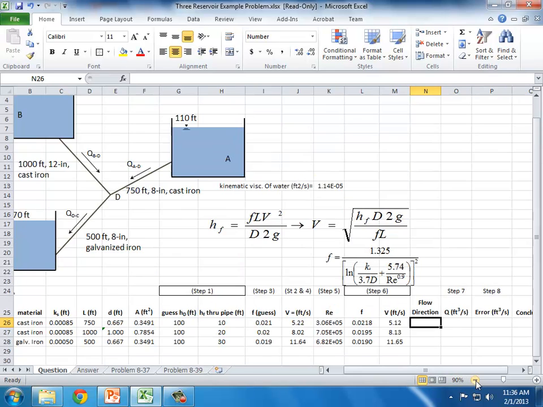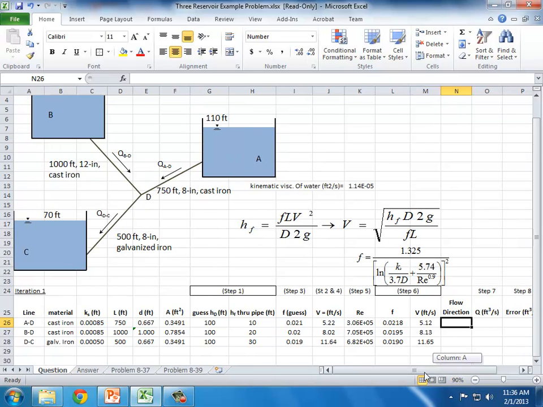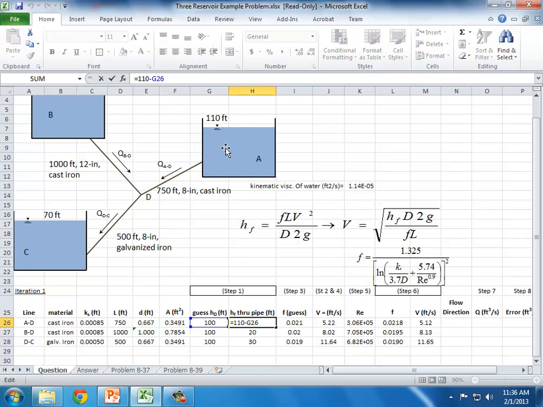In the first row, it was AD, and what we assumed is that there was more energy at A than at the junction. And so the flow is going into the junction through that pipe. The flow is going into the junction through pipe BD, and through pipe DC, the flow is going out of the junction.